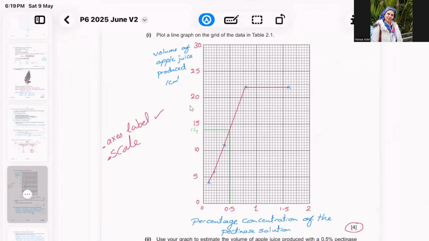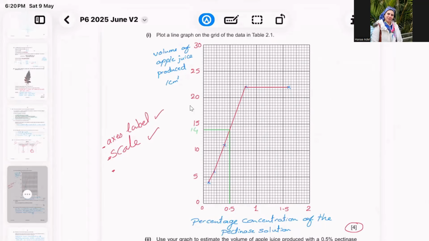And what about the volume? It started from 0 and increases by 5, so 0, 5, 10, 15, 20, 25, and 30. If you make a correct scale, you'll take another mark. You have to occupy the graph provided, using 2/3 of the graph paper.